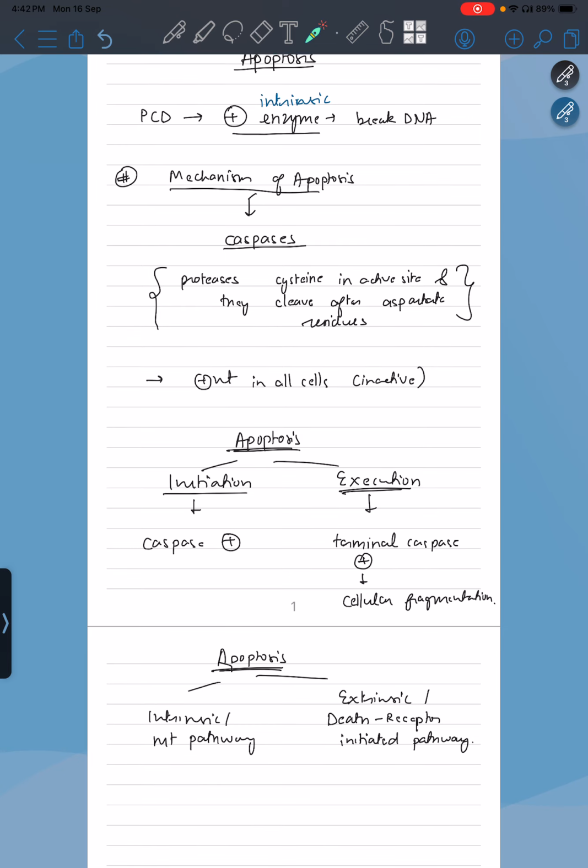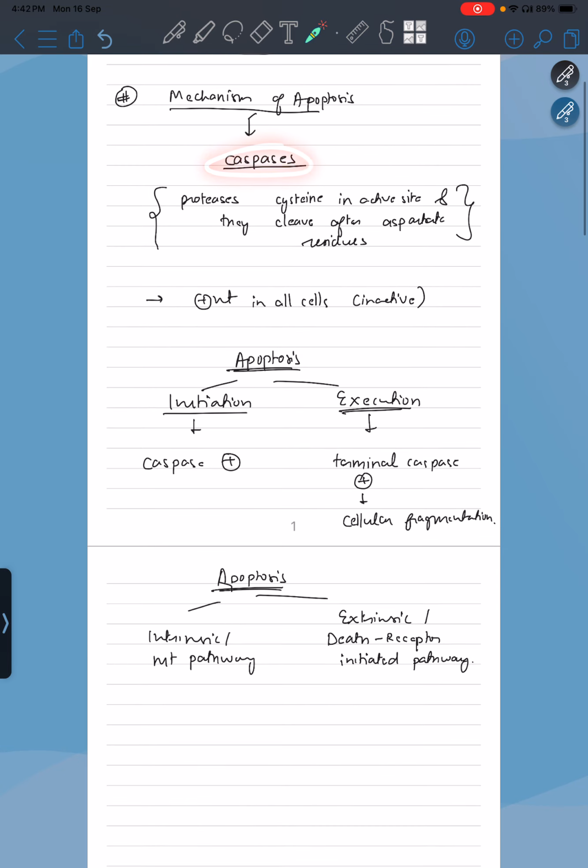Now, what are those intrinsic enzymes? They are caspases. The caspases derive their name because they contain cysteine in their active site and they cleave after the aspartate residues, and hence the name caspases.